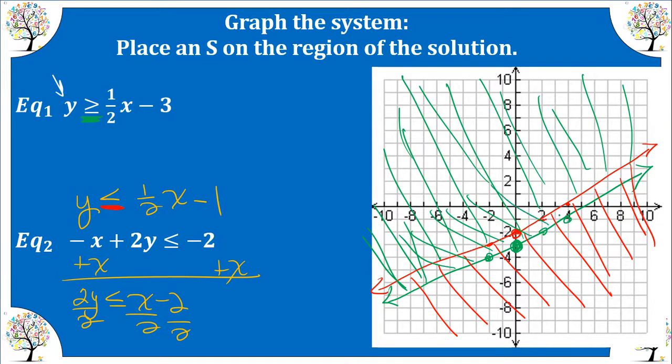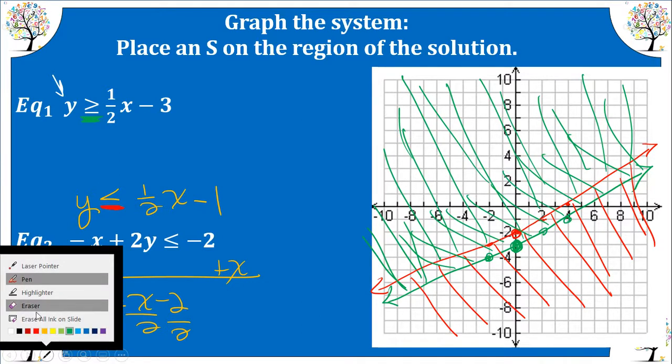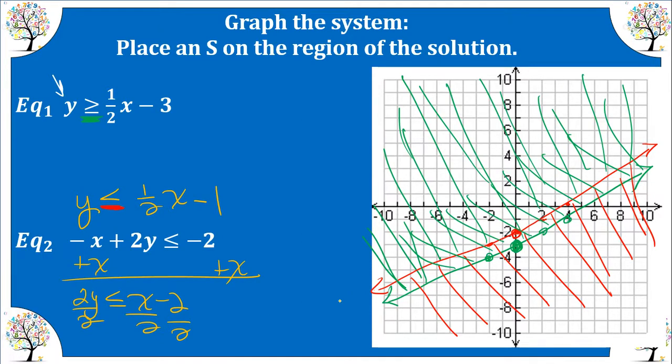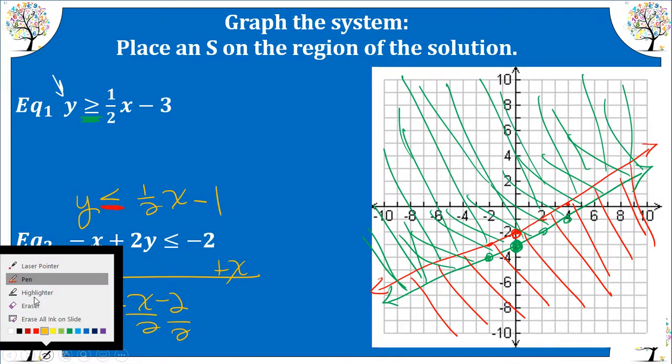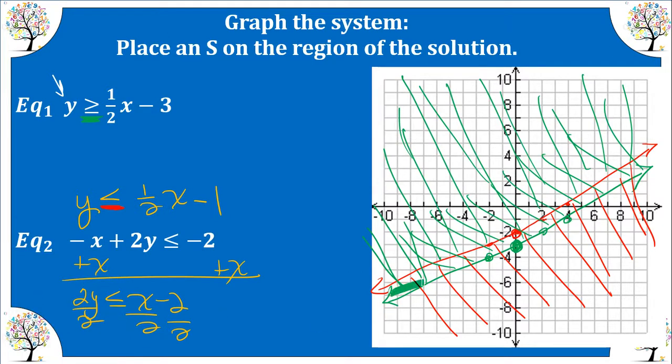So we actually do have a small region of ordered pairs that make both equations true. So our solution set is this narrow region right here.